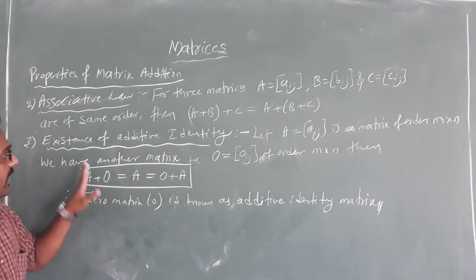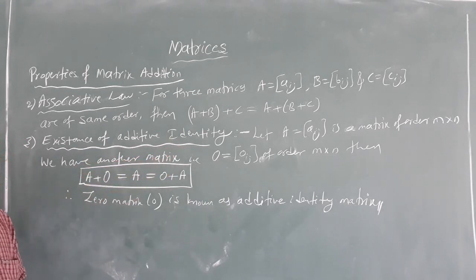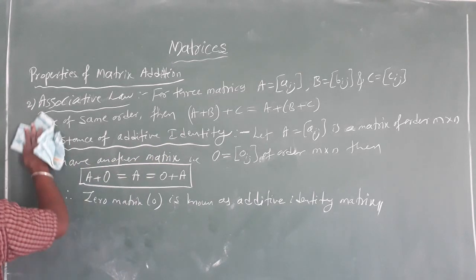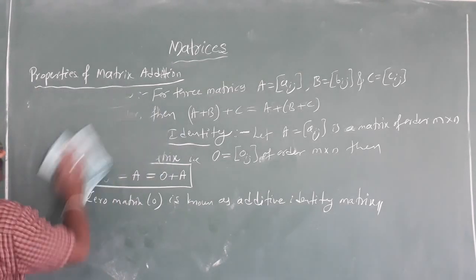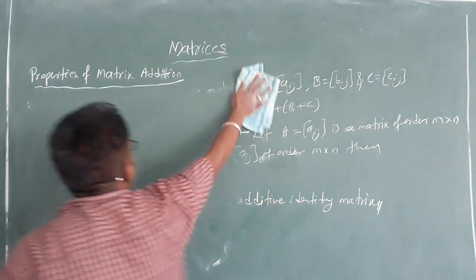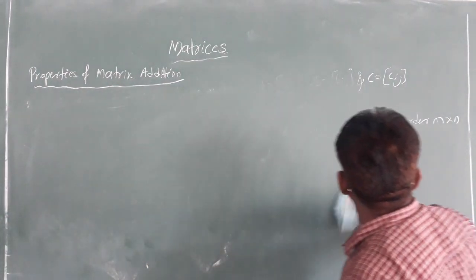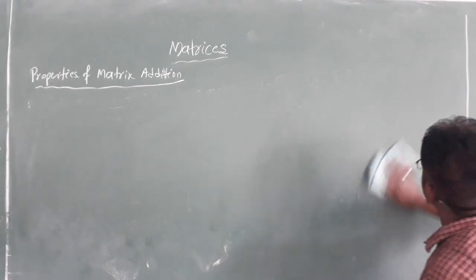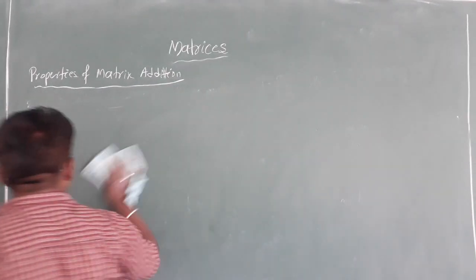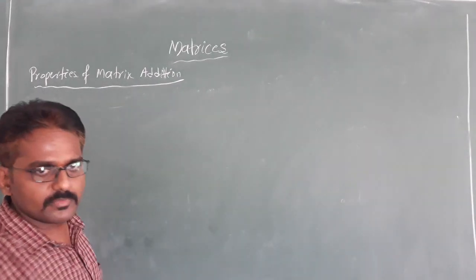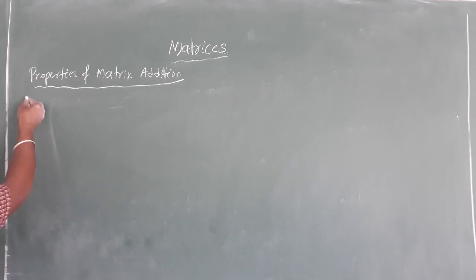This is the existence of additive identity. Okay, next we will see the existence of additive inverse. Additive identity means if you add that value to the given value, you should get the given value only.